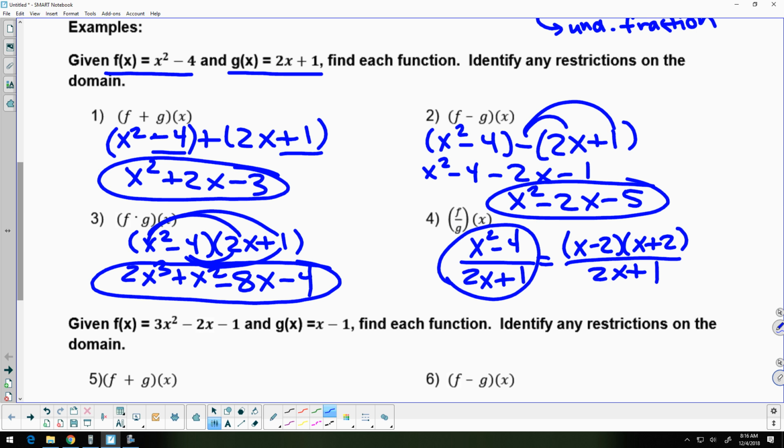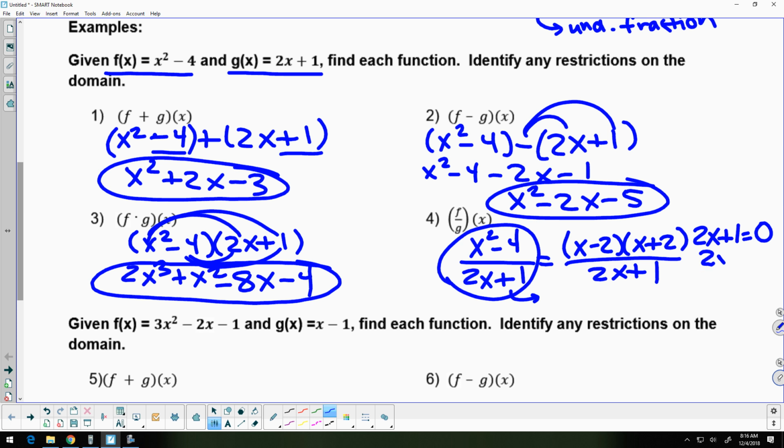But the last and final thing, like I said, if you have x in the bottom, if x is in your denominator, you also want to say what x cannot be equal to. What makes this fraction undefined? So the question is, what makes 2x plus 1, what makes my denominator equal to 0? That's the question. So if you don't know just by looking at it, just set it off on the side here like I did. 2x plus 1, set it equal to 0, and now just solve for x.